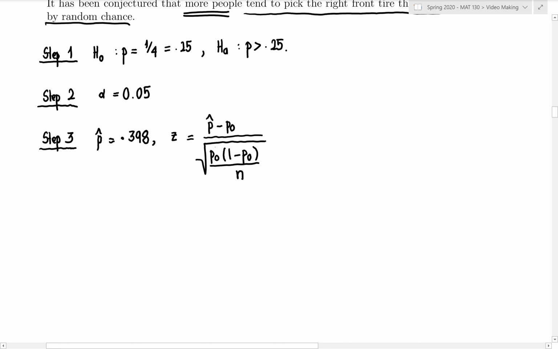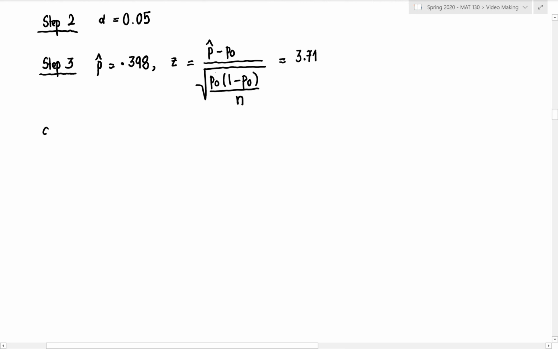Again, this p0 in the denominator is not the sample proportion, it is our hypothesized value. If I do this, I'm going to get 3.71. So that's my z-score.